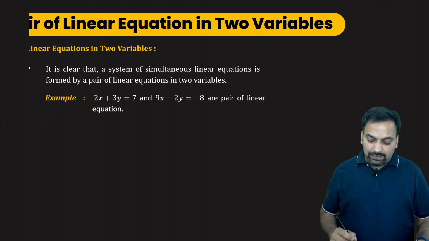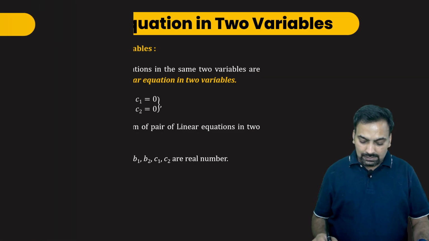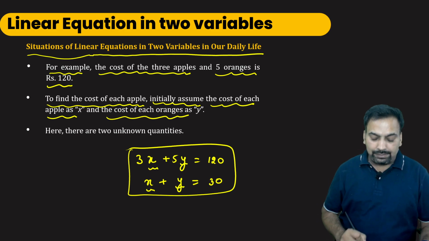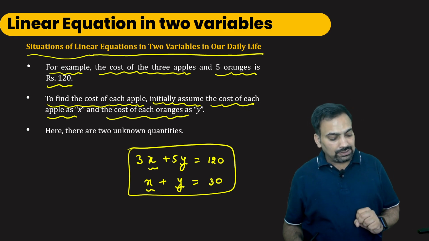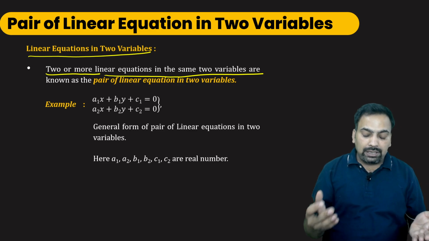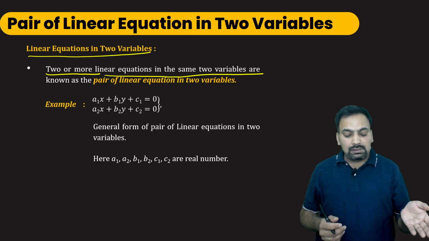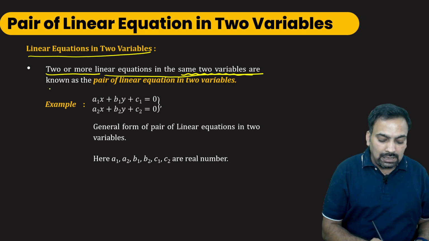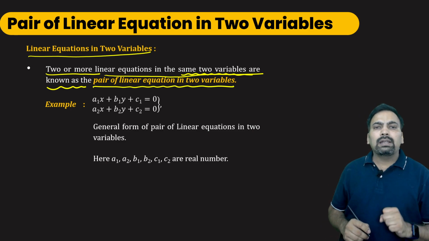In the previous equations, what you see here is that in both equations your x and y are the same. This is the number one condition. So when we say pair of linear equations in two variables, two or more linear equations with the same two variables are known as a pair of linear equations in two variables.